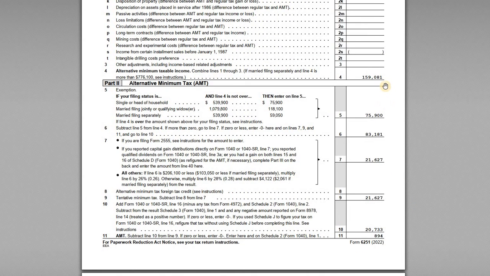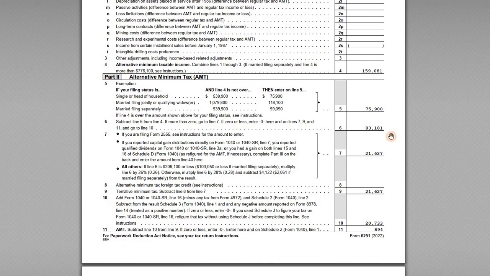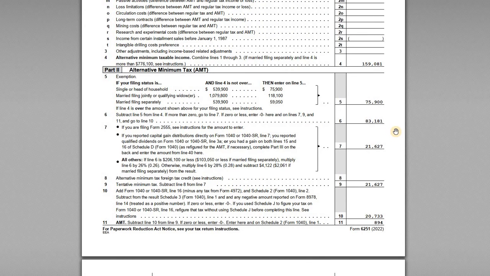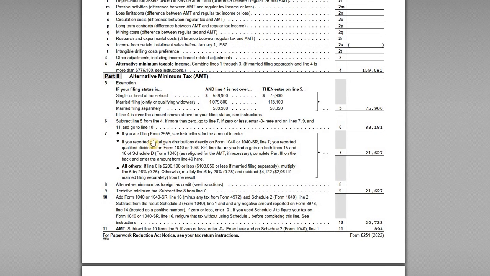On line 6, we go ahead and subtract the two figures, so $159,081 minus the $75,900, and then we get to our $83,181 figure. Now, carefully read these 3 bullet points, right, because that's going to determine how you calculate this AMT amount.